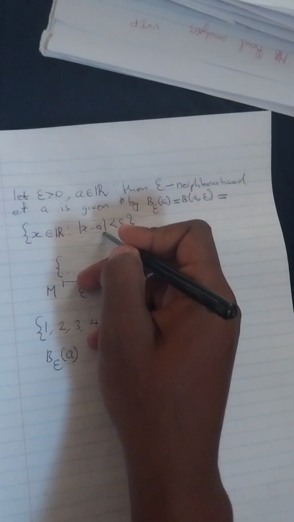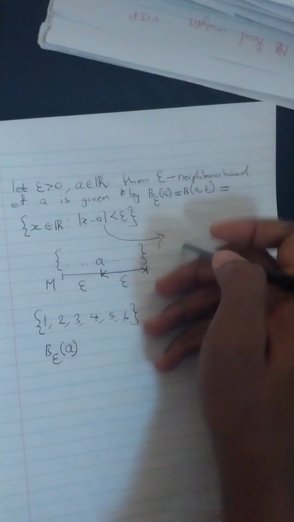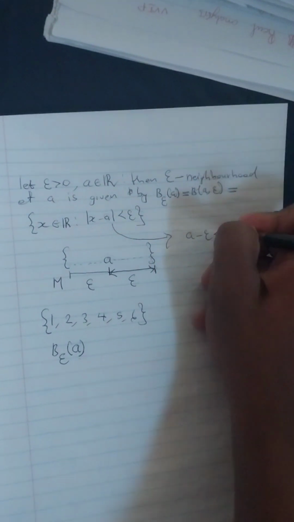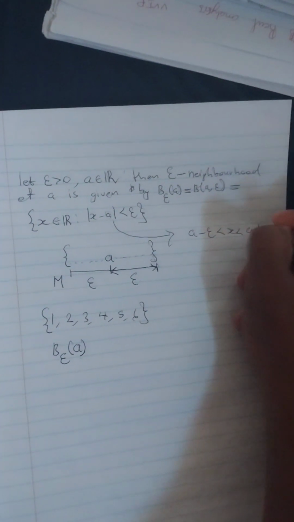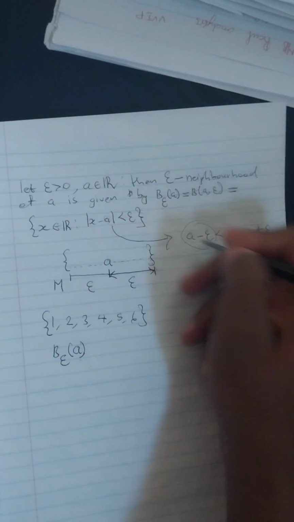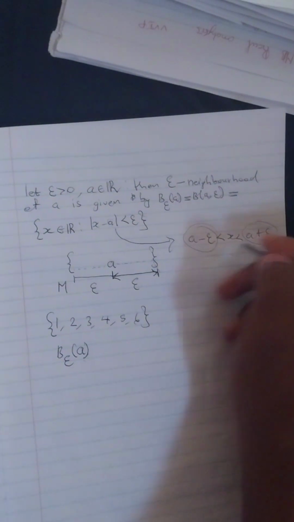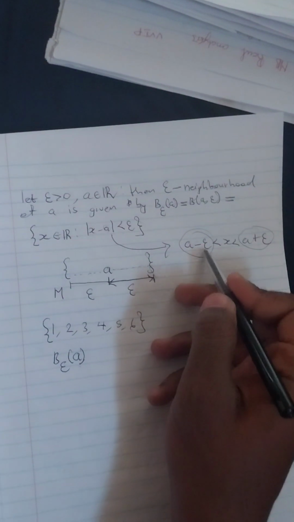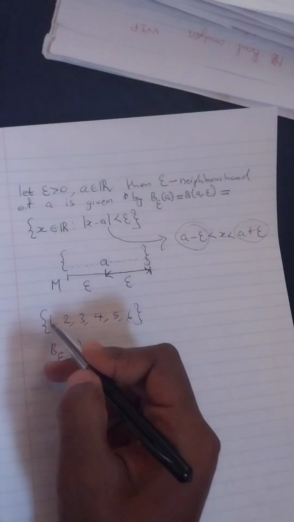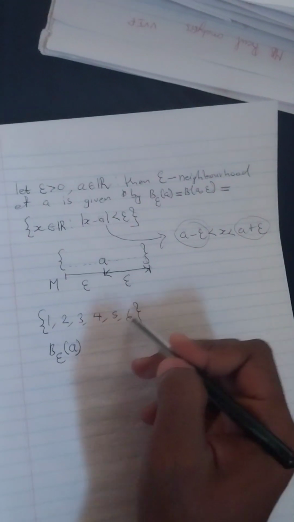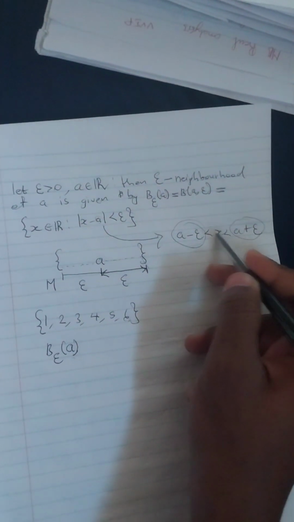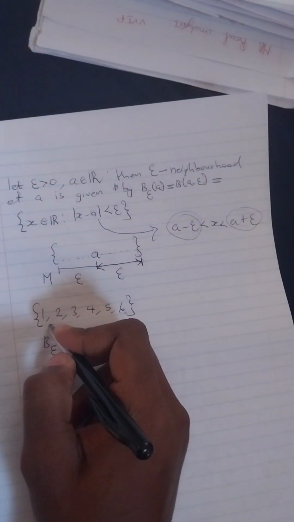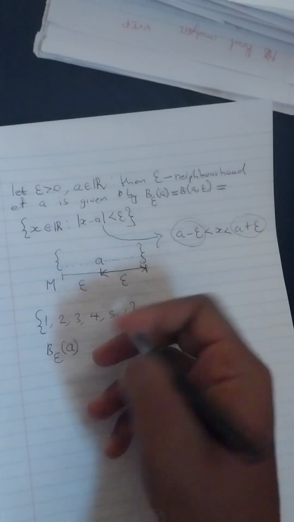Remember, this can be extended as a minus epsilon less than x less than a plus epsilon. You will notice that these are the outer numbers of the set, such that these numbers are excluded. In our case, this part is represented by 1 and this part by 6. So x are just the elements surrounding a particular number which is at the center of this set. How do we find the center number?